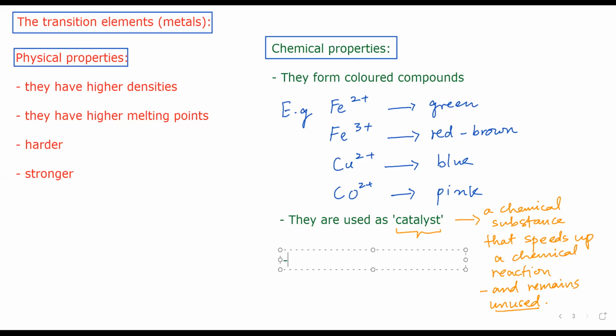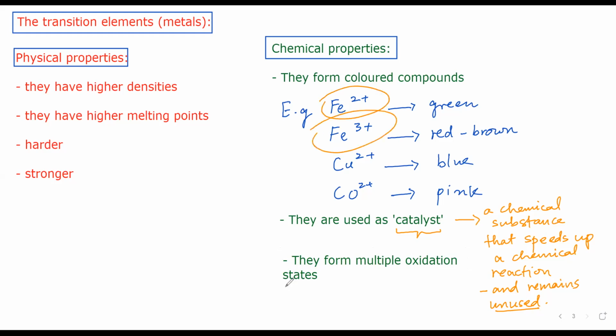Other than that, they form or show multiple oxidation states. What does it mean? Multiple means more than one. Here I have given you the example of iron 2 and iron 3.